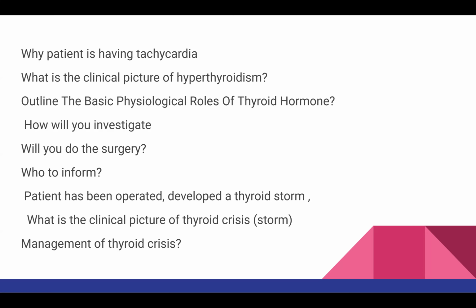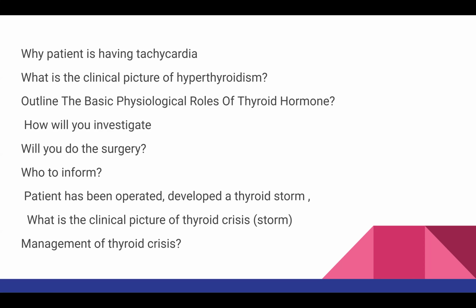And regarding who to inform. For example, this was your patient who was on an elective list, but when the labs were performed, he or she had hyperthyroidism. Now, the patient's information needs to be communicated to the operating surgeon, the anesthetist, and the OR team, because they will be preparing the OT for this patient.